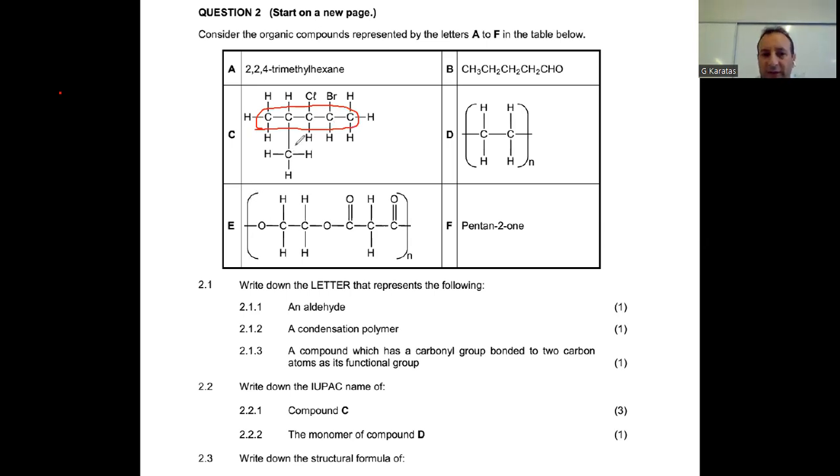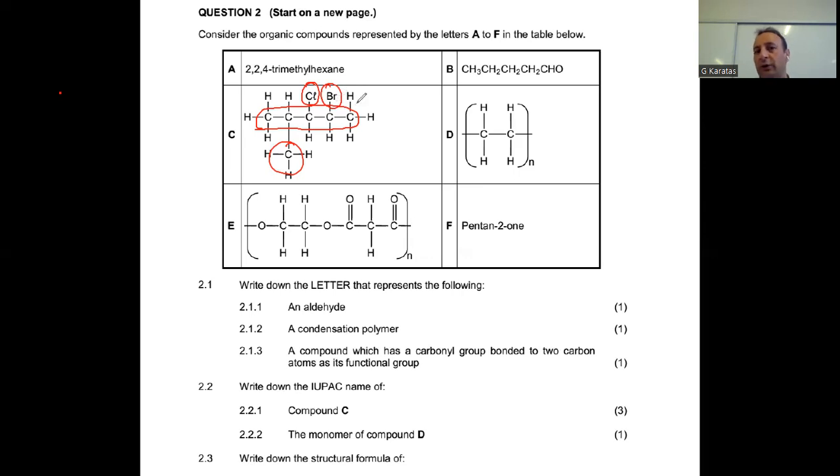When we look at the substituents, I have a methyl group, a chlorine atom, and a bromine atom. The order will be bromo, chloro, methyl. As you see, they are in the middle. If you start from left, it's going to be 2, 3, 4. If you start from right, it's going to be 2, 3, 4.